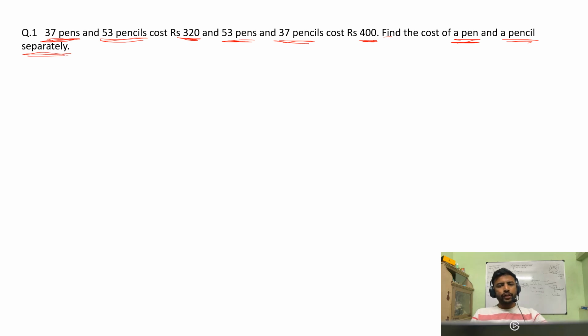See, here the given information is in terms of sentences, and we have to convert that information into equations. So as we all know, when we have to find something, first we will take it as x. But in this chapter we have to consider one thing as x and the second thing as y.